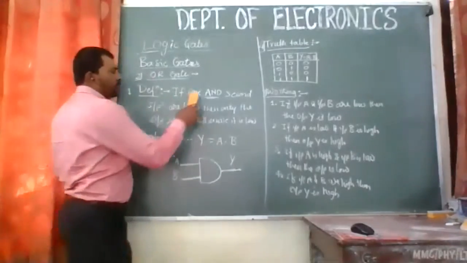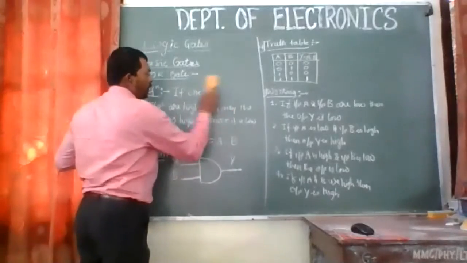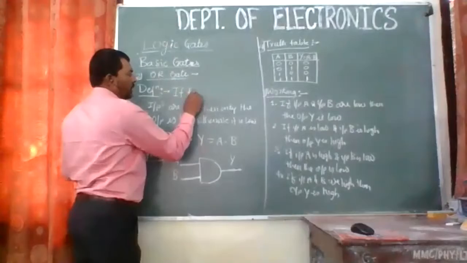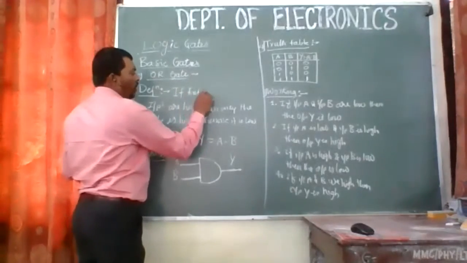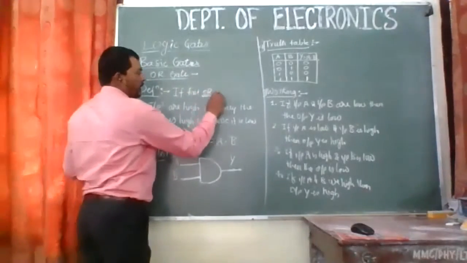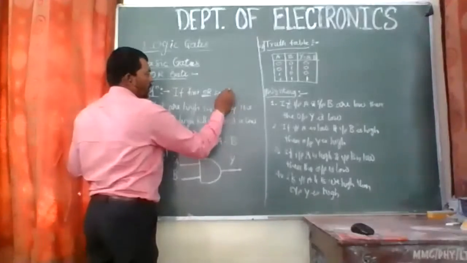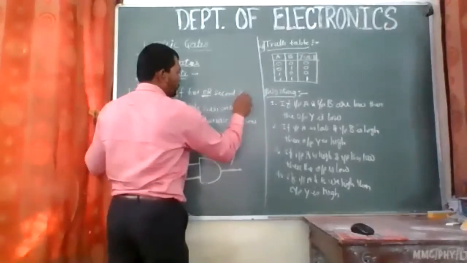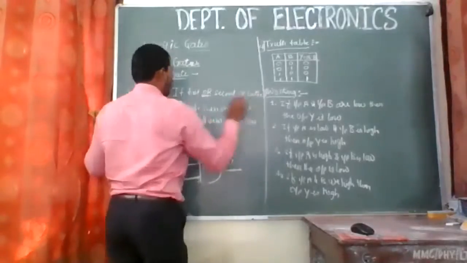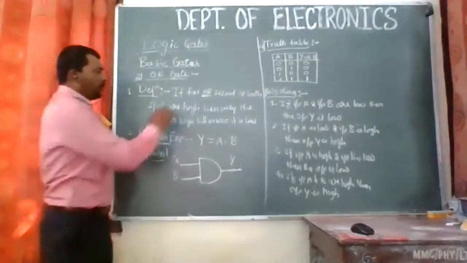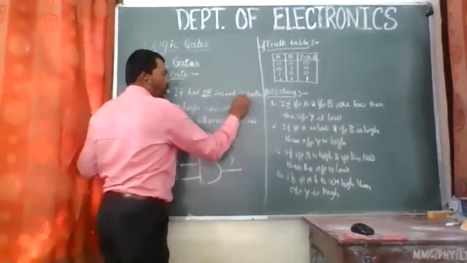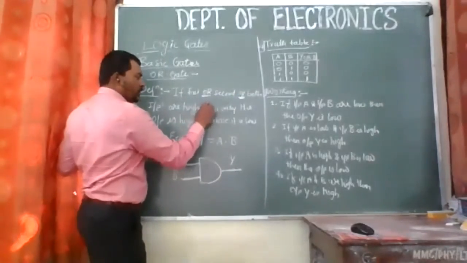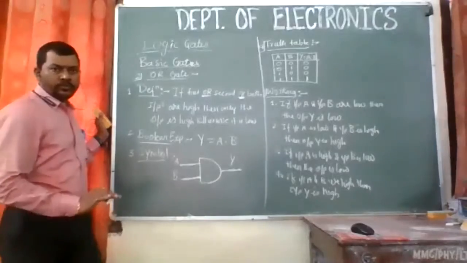The definition is: if first or second or both inputs are high, then only the output is high, otherwise it is low, right?